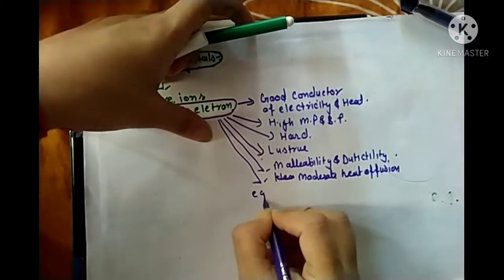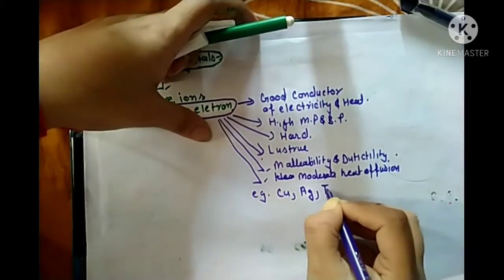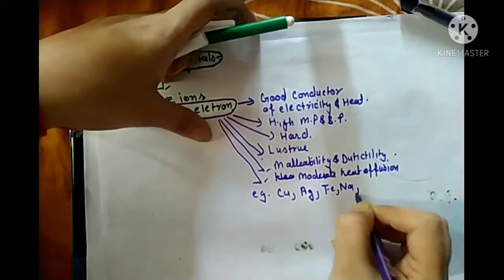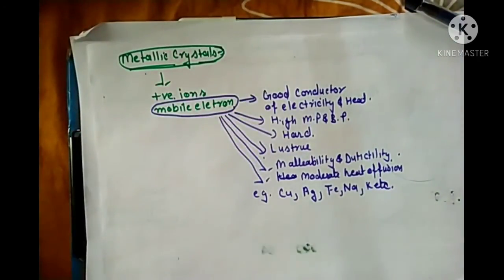And their examples are copper, silver, iron, sodium and potassium. So this is all about the types of crystalline solids.